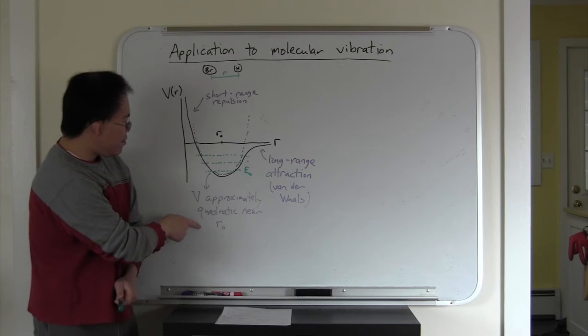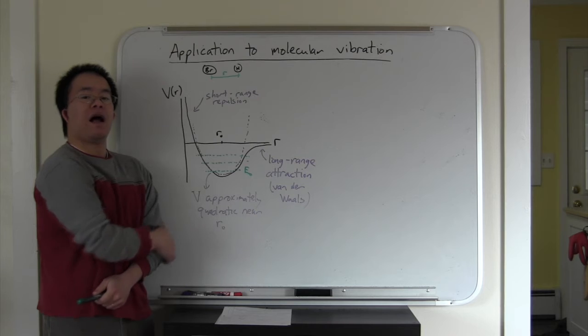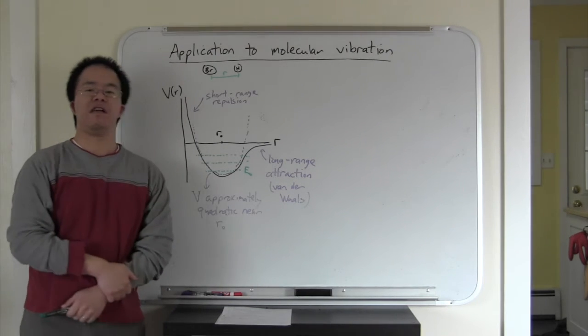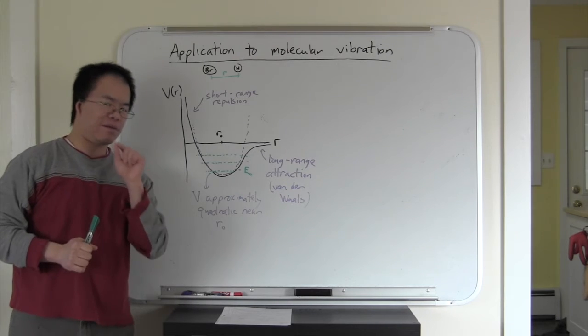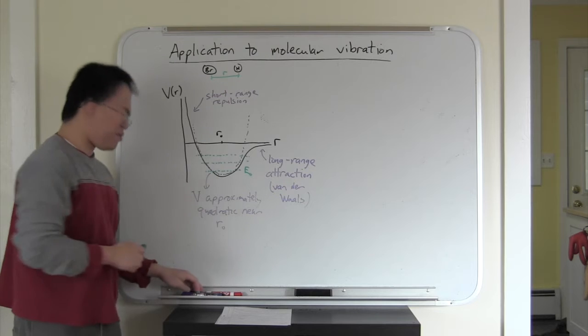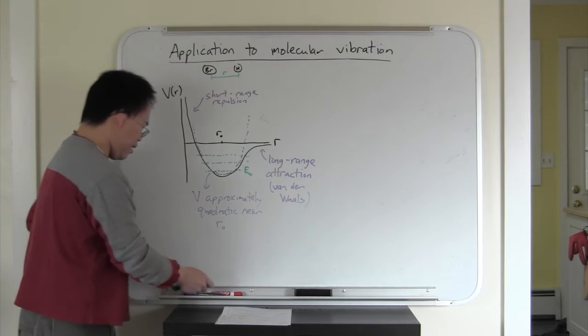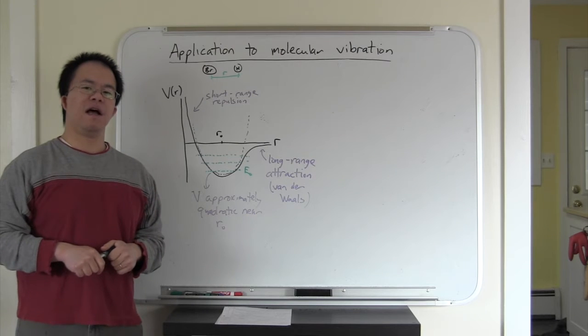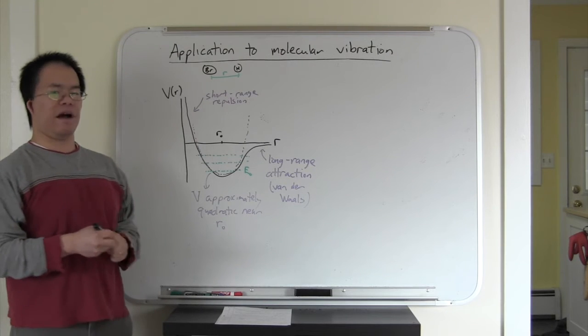Formally, you can sort of see why this is the case by Taylor expanding the potential energy. Let me take a quick aside to do that for you. This is maybe a little bit beyond the class, but I think most of you should have seen Taylor series by now.